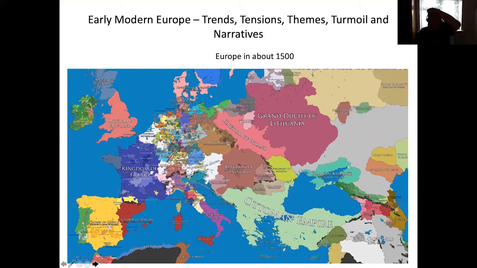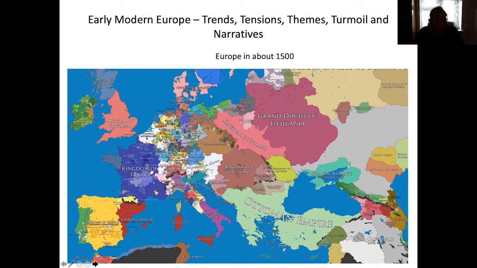Right. This is a map of Europe in about 1500. Don't worry too much about the details. If you've got the PDF, you'll be able to look at it in detail later. Just note how incoherent it looks. If you looked at a map of Europe today, we've got a nice little set of blocks with all these countries labelled.